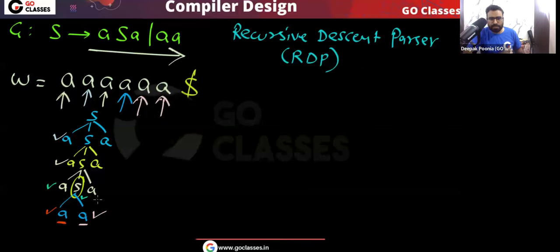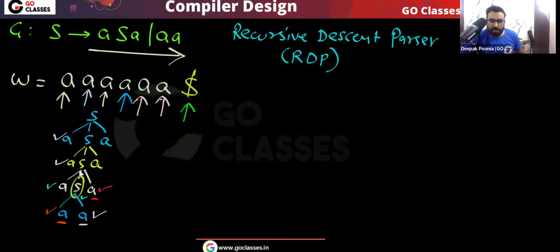Now this a and the current input symbol a, are they matching? Yes, they are matching, so a small victory here also, and on the input I will move to the next symbol.